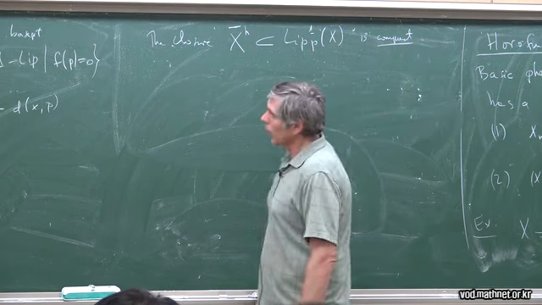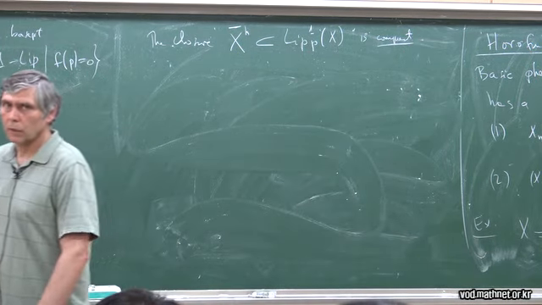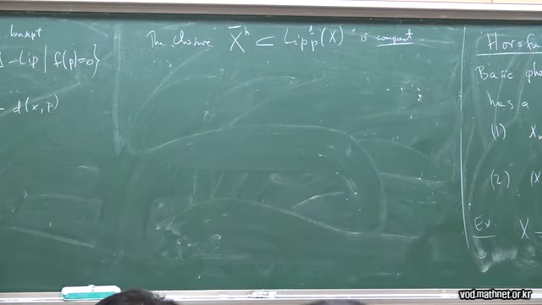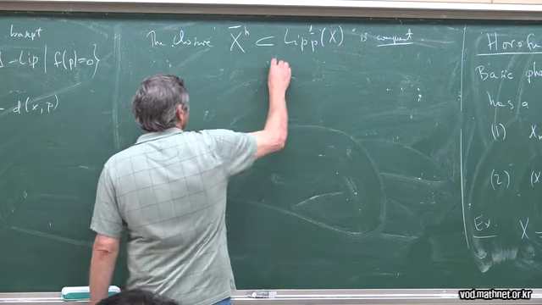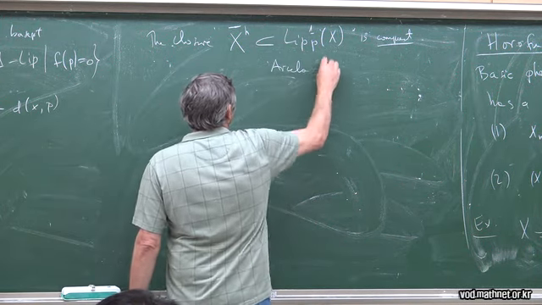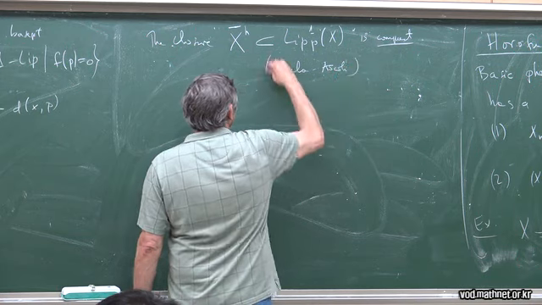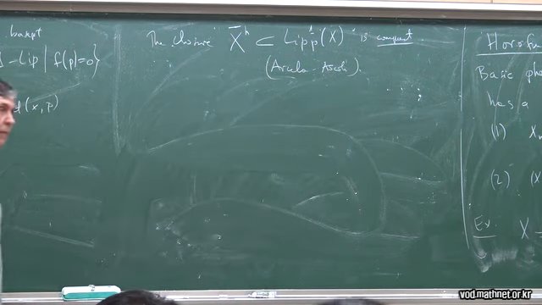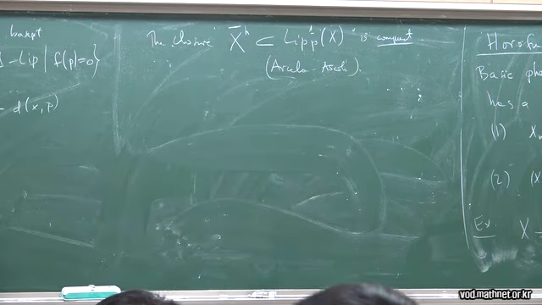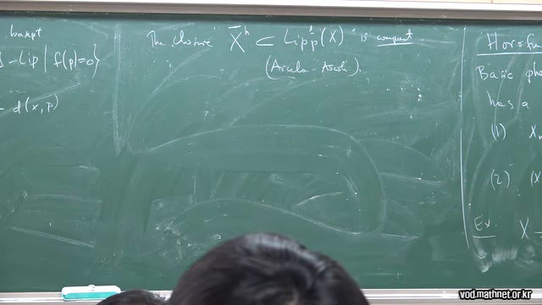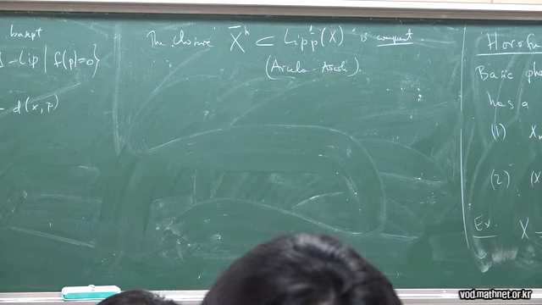Okay, so why is it compact? Well, that's, if you want, Arzelà-Ascoli. It's the Arzelà-Ascoli theorem. So all these theorems that you learn in first year as graduate students, they're all very useful here.